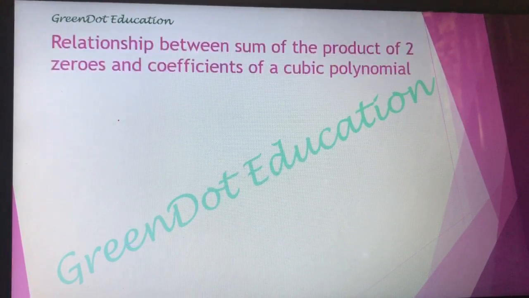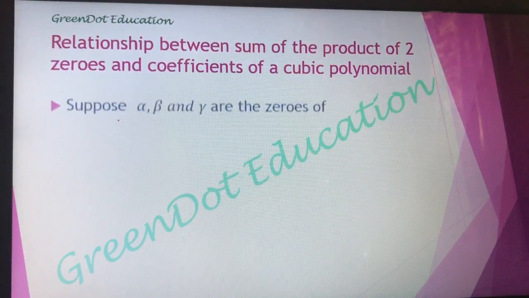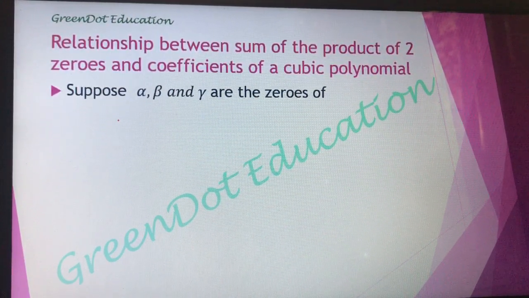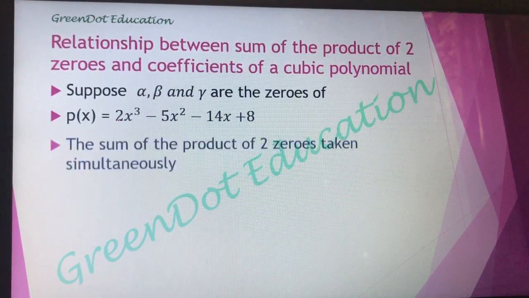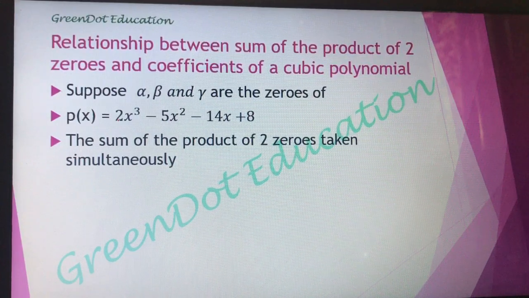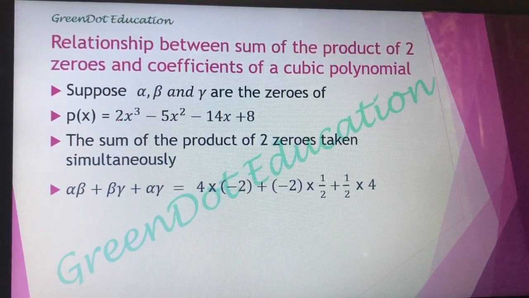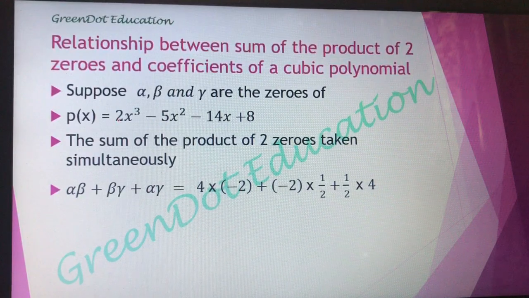Now let us find out what happens if we take the product of two zeros at a time and add them together. Then what relationship do we get? So again, taking the same alpha, beta and gamma as the zeros of the polynomial 2x cube minus 5x squared minus 14x plus 8, we know alpha is 4, beta is -2 and gamma is 1 upon 2.